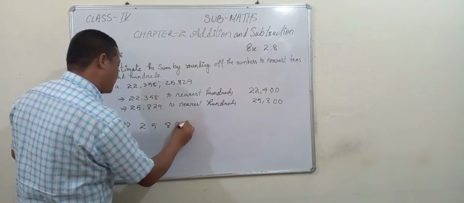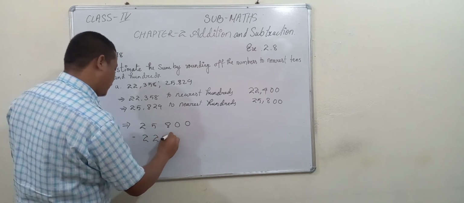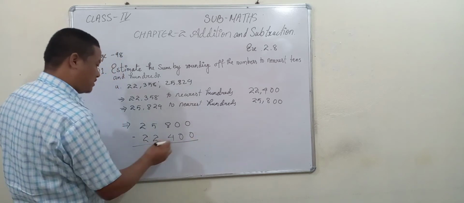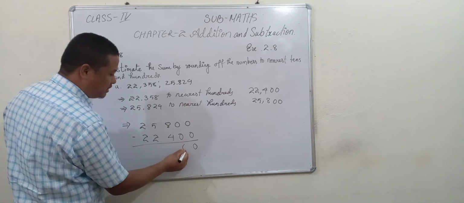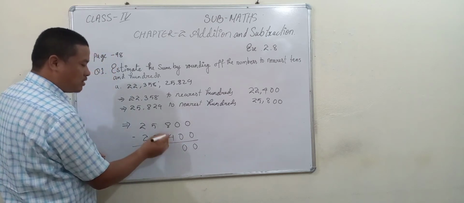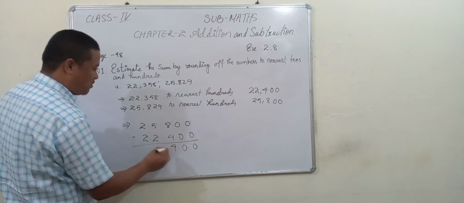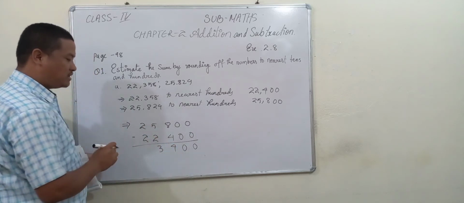25,800 minus 22,400. 0 minus 0, 0. 0 minus 0, 0. 8 minus 4, you will get 4. 5 minus 2 is 3. 2 minus 2 is 0.